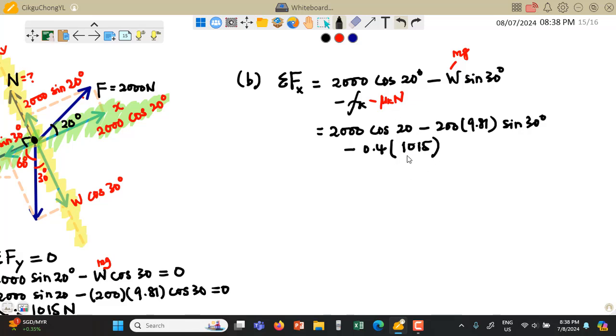The normal force can be taken from the answer to question A. Then we can do the calculation for the net force along the inclined plane, or the x-axis. You will get the value 492 Newton.